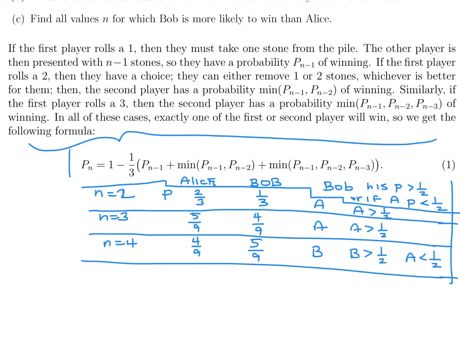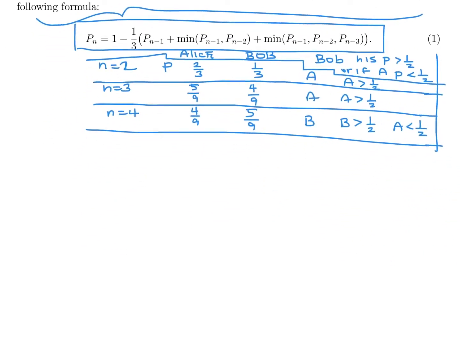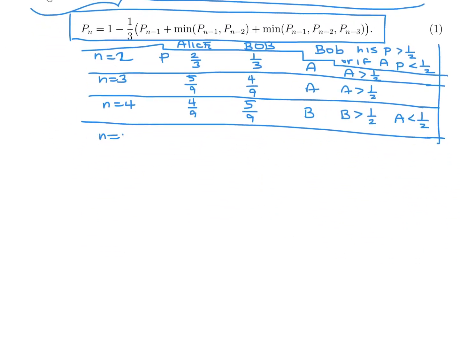Okay, so if you apply this recursive formula, you'll be able to get other values for n equals 5, n equals 6, n equals 7, and so on. N equals 8, n equals 9. And then we can see if there's some sort of a pattern that we can generalize. So I'll just figure out P5 using that.